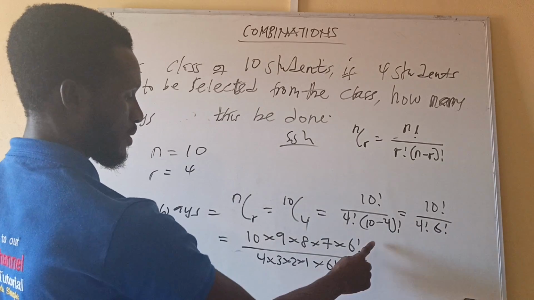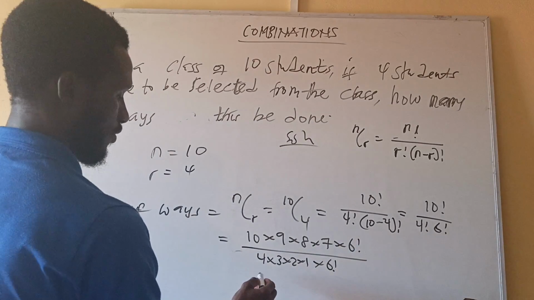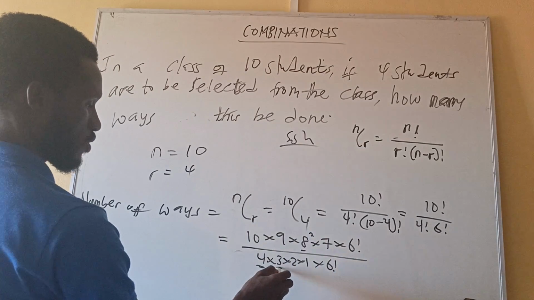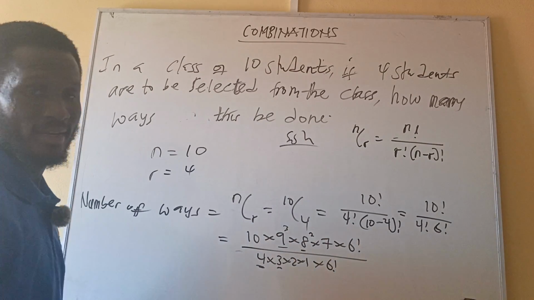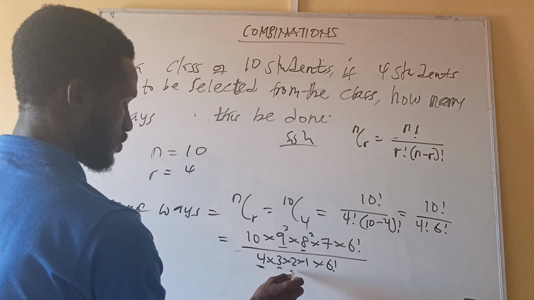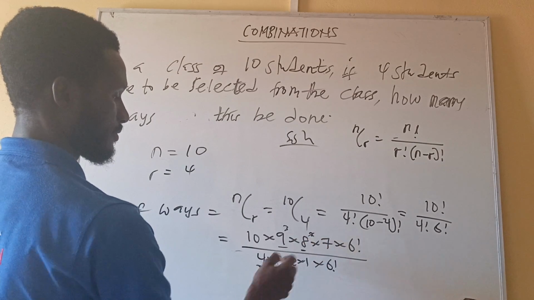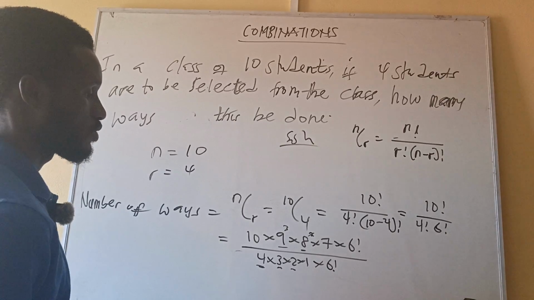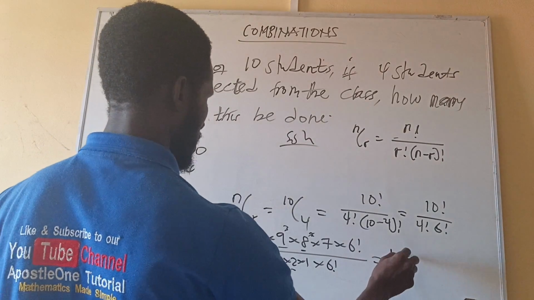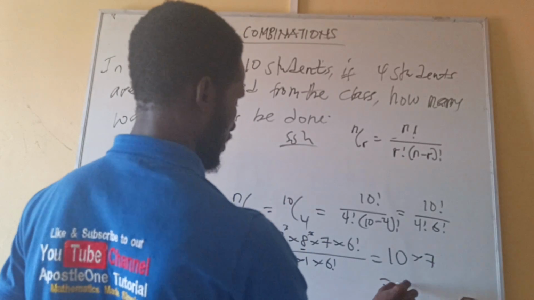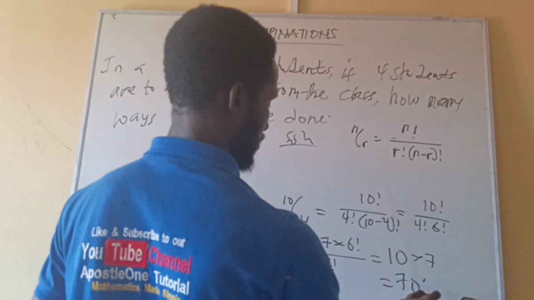Now, 6 factorial will cancel 6 factorial. 4 goes into 8 two times. 3 goes into 9 three times. Now, these two go into this one 1 time. So I am going to get the whole thing to be 10 times 7, which is equal to 70 ways.